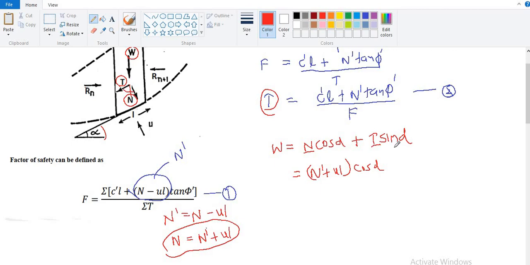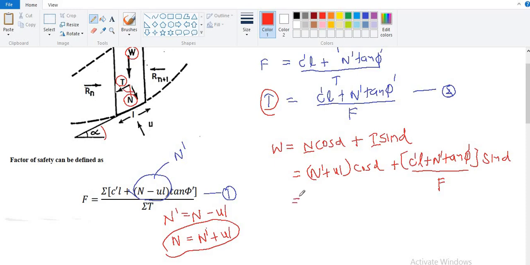So we can write C dash L plus N dash tan phi dash divided by F, that is T. This whole thing should be multiplied by sin alpha.